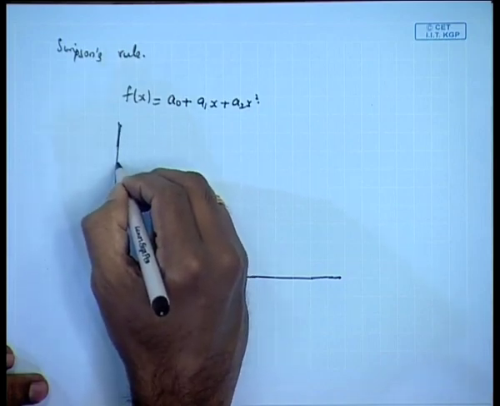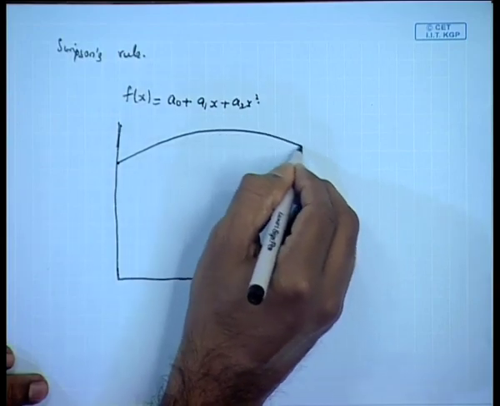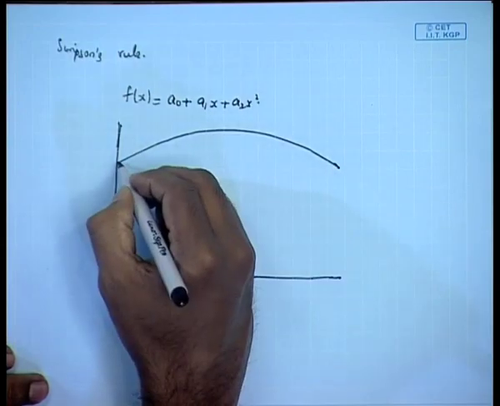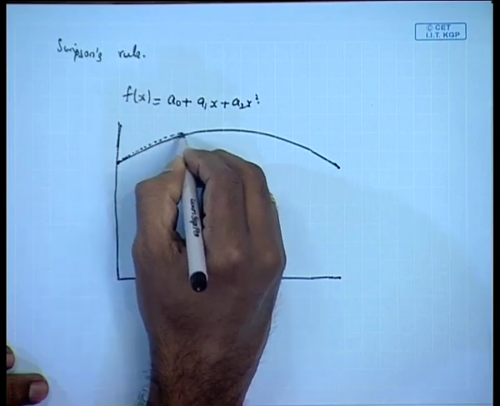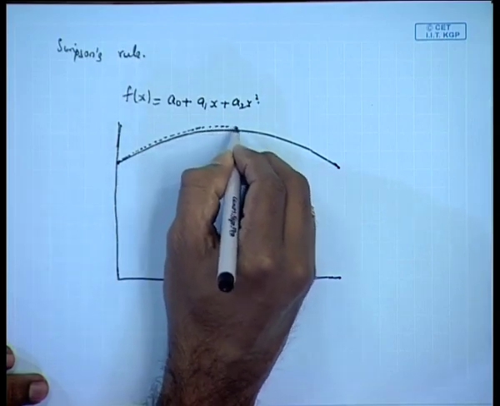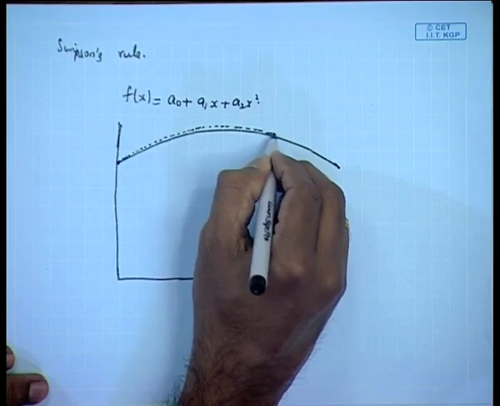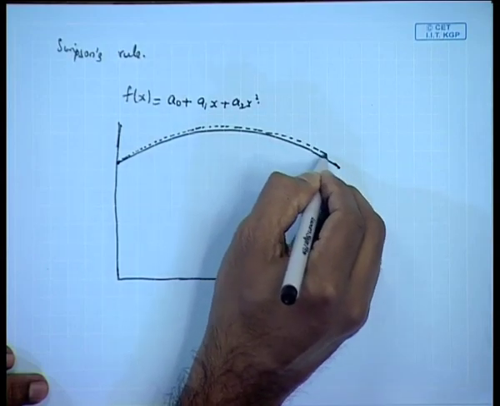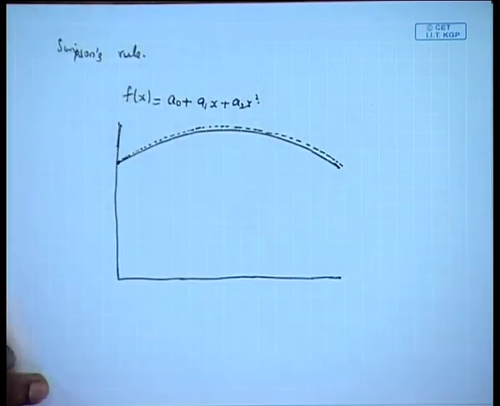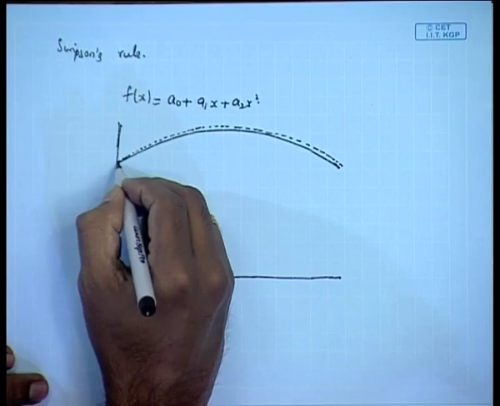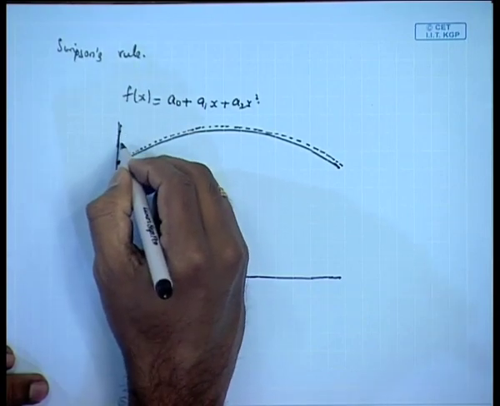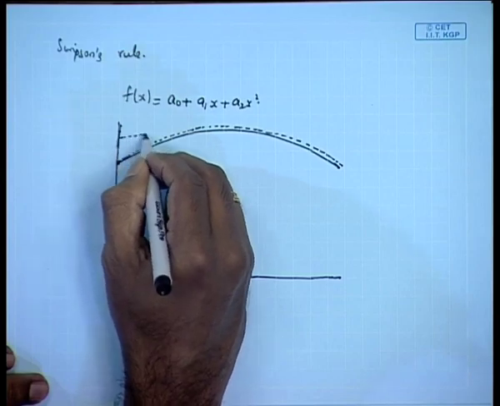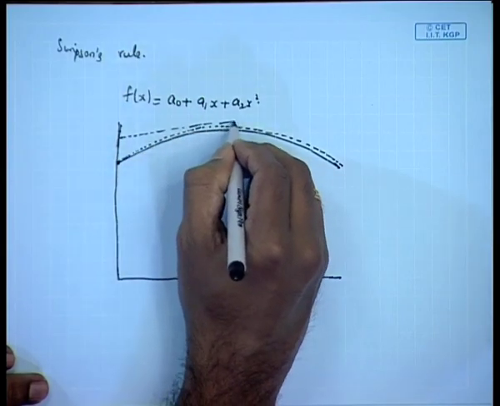This is your f of x, and you are replacing it with a proper parabola.